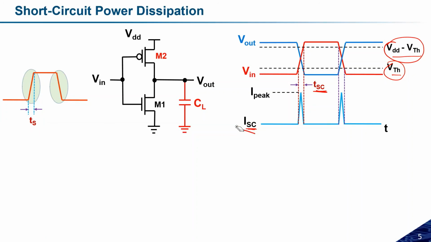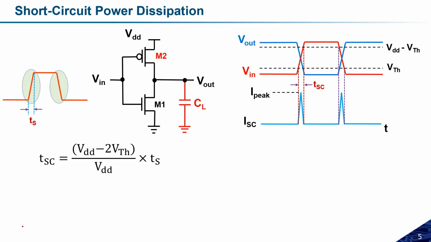Now let us try to interrelate all these parameters I just mentioned. This TSC can be calculated with the help of TS, the transition time, multiplied by VDD minus VTH minus VTH, which gives VDD minus 2 VTH, divided by the total voltage range, VDD.